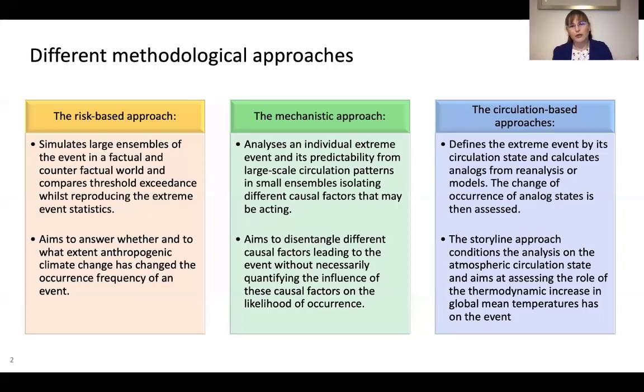And a really important thing to do is to perhaps weave a storyline around why it is that we're seeing these particular types of extremes occurring, and we can use that to help assess the role of the thermodynamics as opposed to the dynamics in having the event occur.